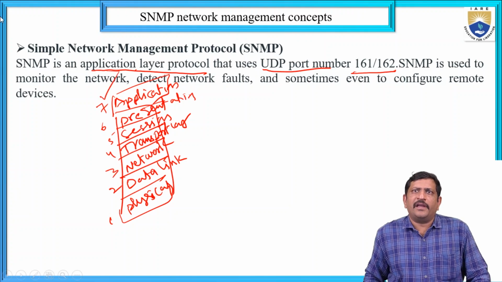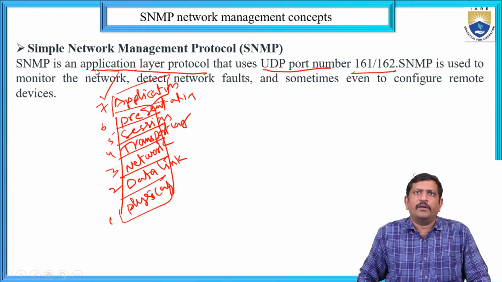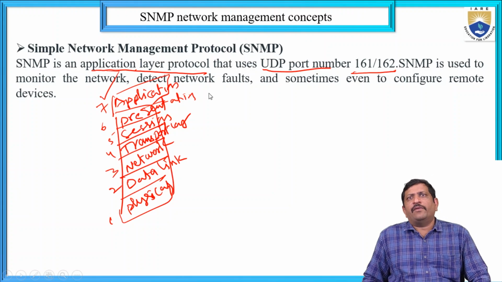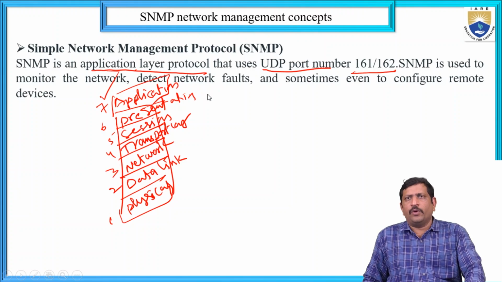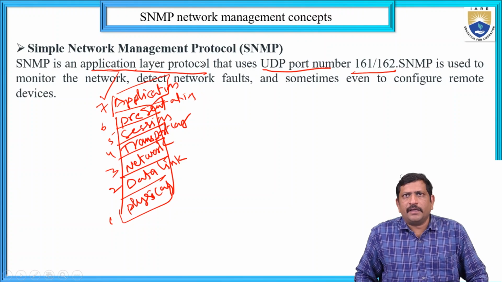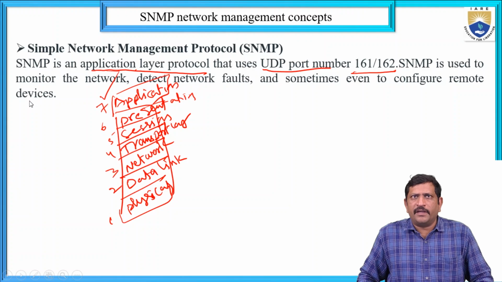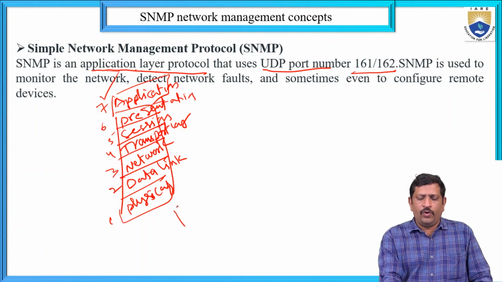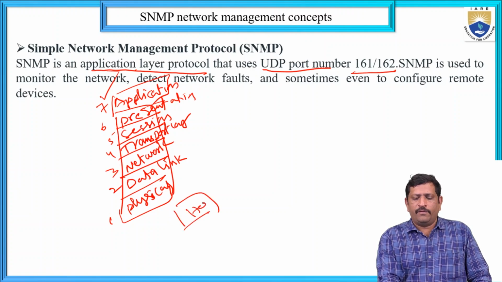This application layer protocol is what we call SNMP, the Simple Network Management Protocol. This protocol uses the UDP port number while transferring data from host 1 to host 2.